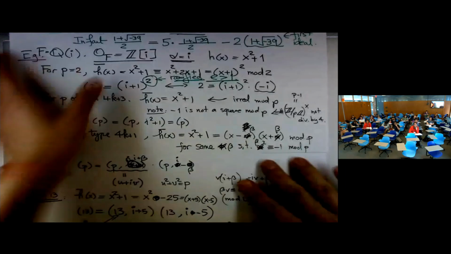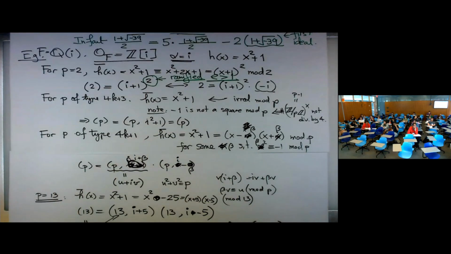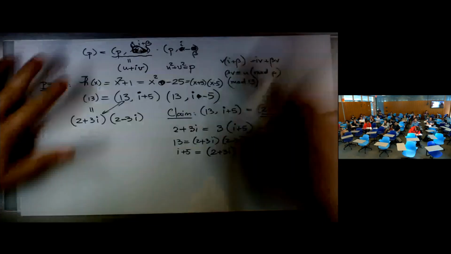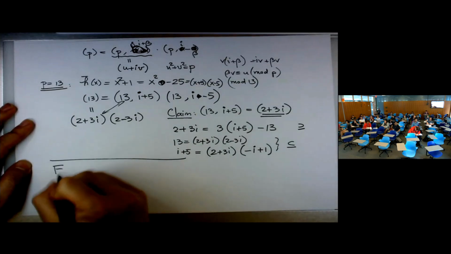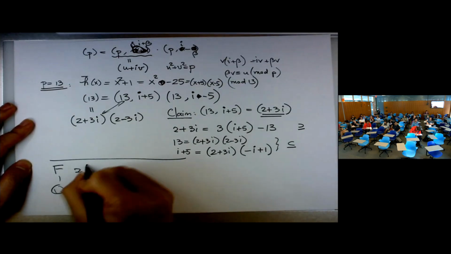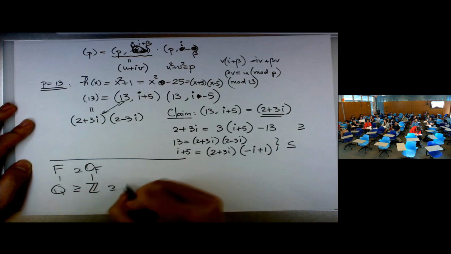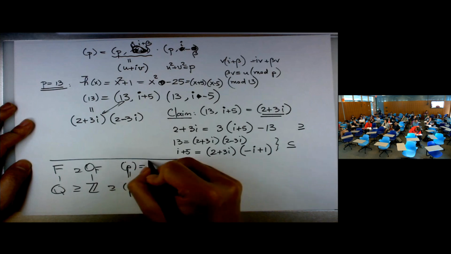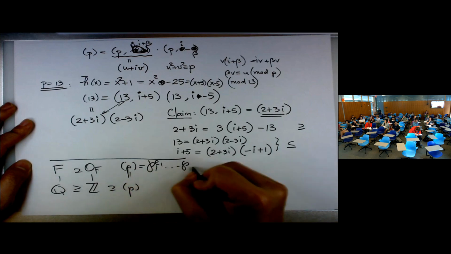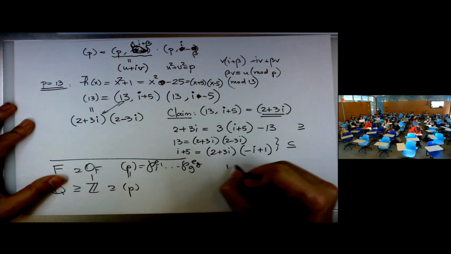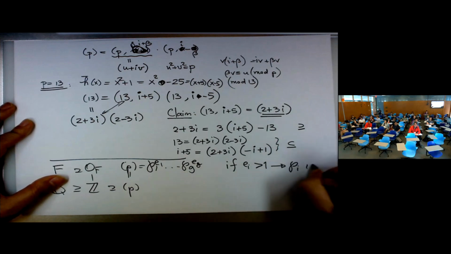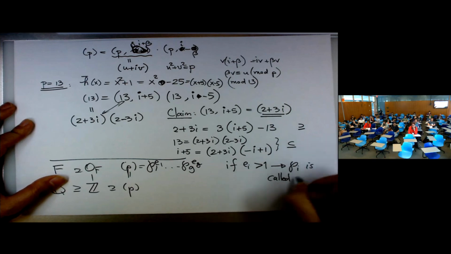So in general, let me write over here. Over Q, the factorization has exponents e_i. If e_i is bigger than 1, P_i is called ramified.